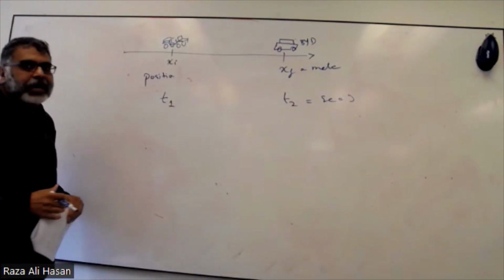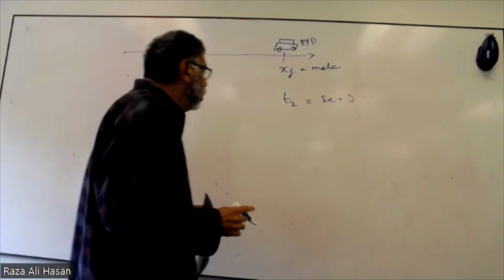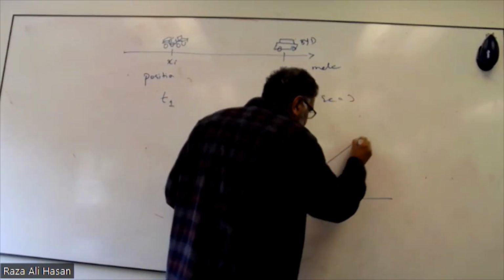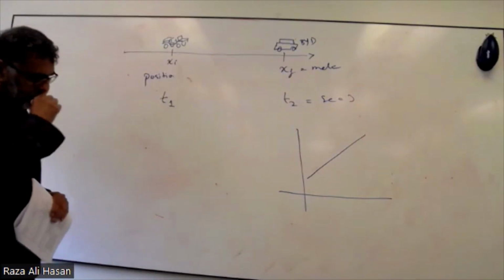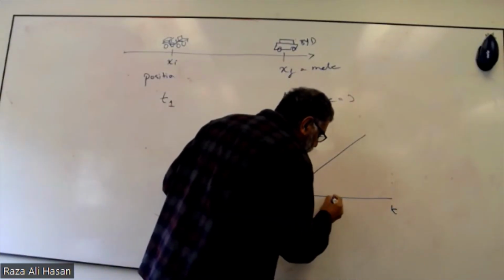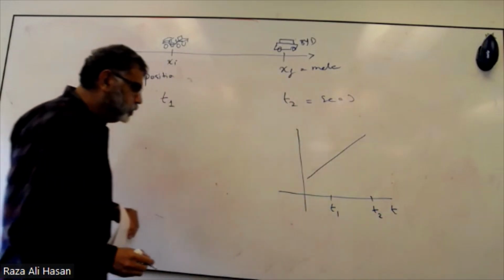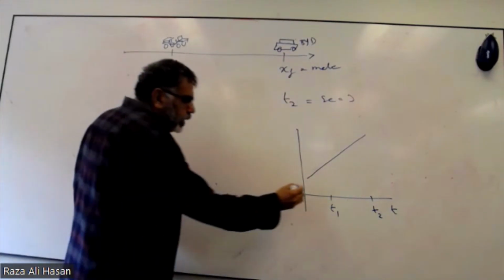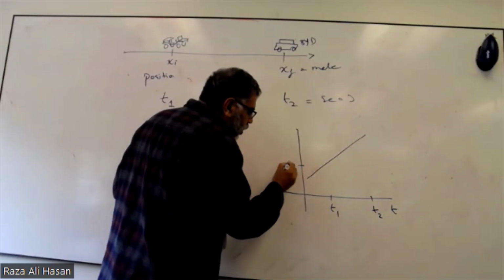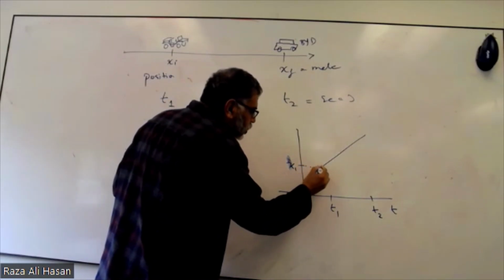All right. And then somebody says, give me the average velocity. So first we want to draw. Let's say it was going like that. The T's would be here, T1, T2. At T1, the car was at X1 position.